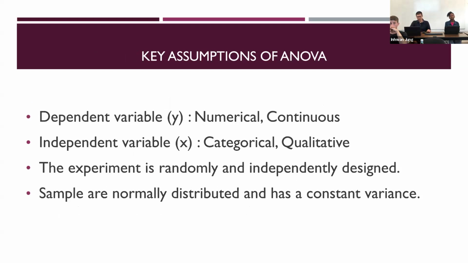For ANOVA analysis, there are four key assumptions to satisfy. One is the dependent variable should be a numerical and continuous variable. Independent variables should be categorical and qualitative variables. The third assumption is the experiment is randomly and independently designed, which means one variable should not impact the other variable, and the observations should be selected randomly.